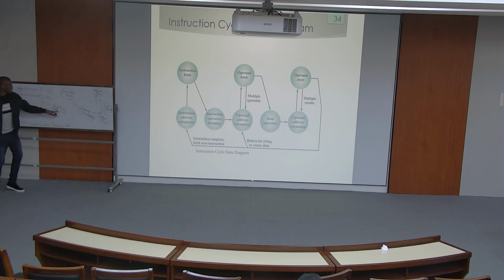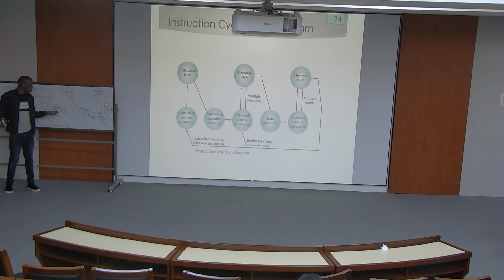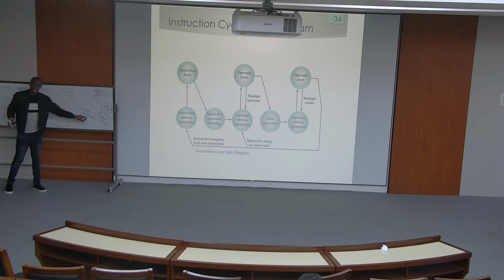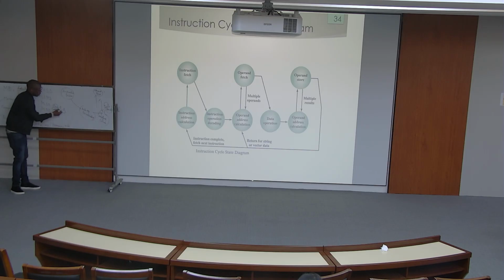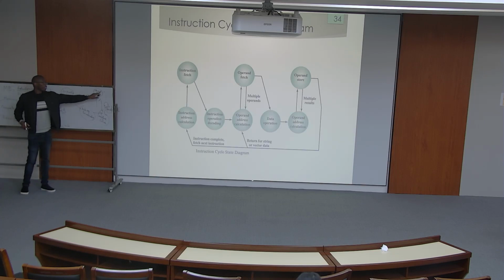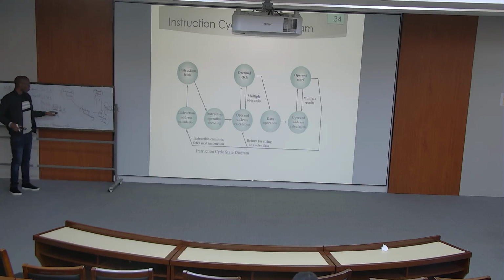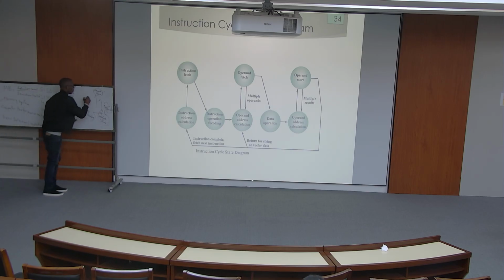That means the microprocessor will decode these instructions, and we need to find the operand address calculation for them. Operand fetch for R1, then it comes again to do operand fetch for R2. We have multiple operands.